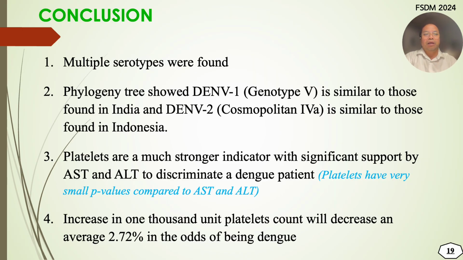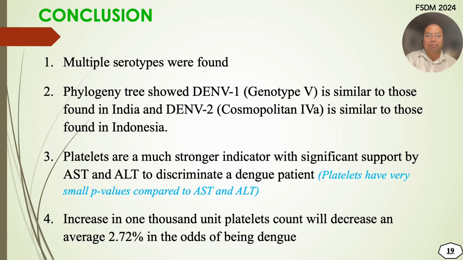Conclusion. Multiple serotypes were found. The phylogenetic tree shows that dengue 1 genotype V is similar to those found in India, and dengue 2 cosmopolitan IVA is similar to those found in Indonesia. Platelets are a much stronger indicator, with significant support by AST and ALT, to discriminate a dengue patient.